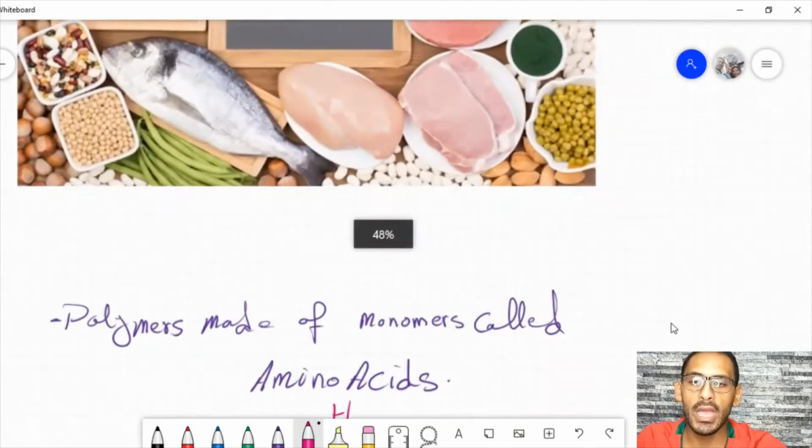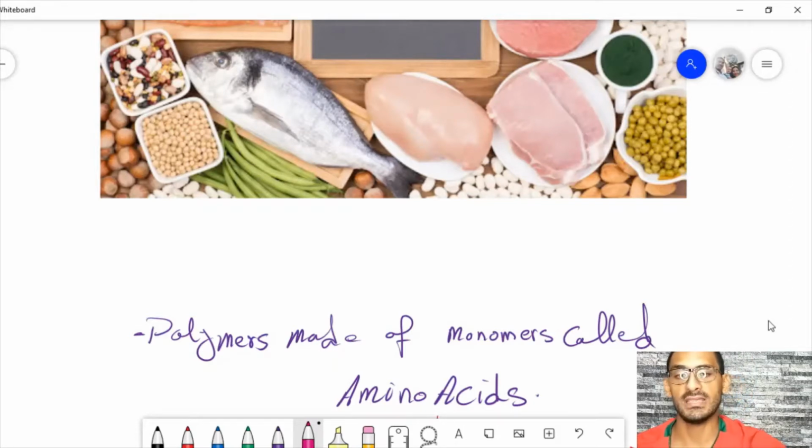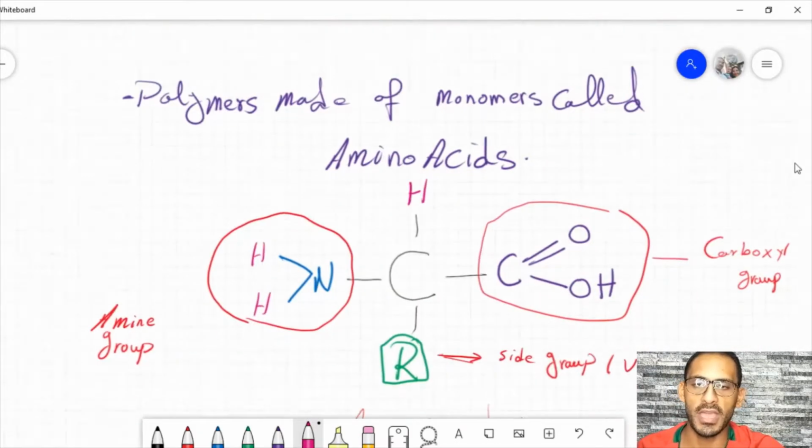So as we know, proteins are polymers, okay, and they are made of monomers, and the name of these monomers is amino acid. And amino acids have a very specific structure, okay. So from the looks we should know what are the components that make the amino acid.